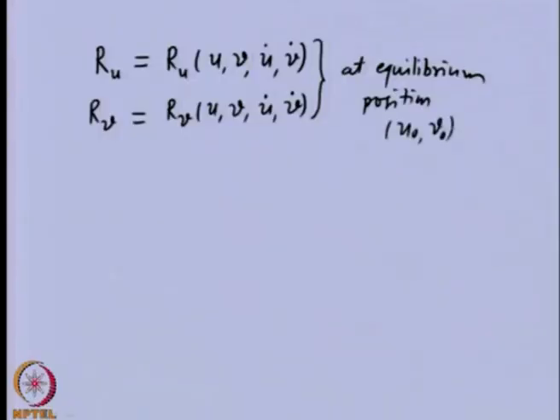If we give some kind of perturbation or disturbance from its equilibrium, let us say we give a perturbation du and dv to each of these, and also to the velocity components of each of these variables.